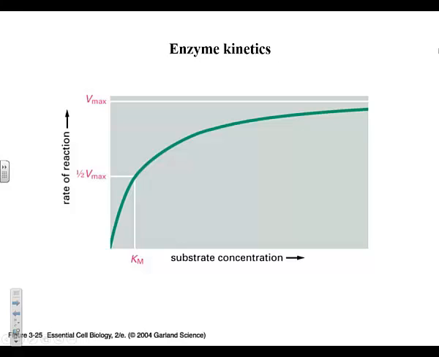Any questions about that? So the Km is a constant. When you look at the enzyme, substrate, product, first reaction, the Km is used to describe all of the constants of this reaction: the constant of the forward reaction, the constant of the reverse reaction, and the constant of the product being formed.